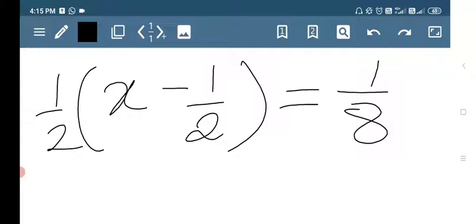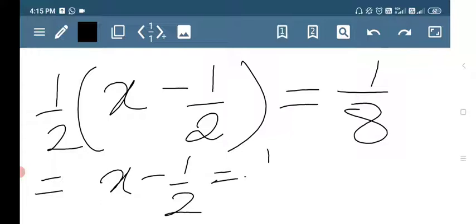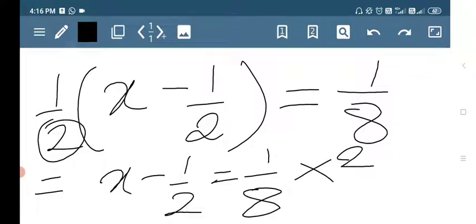Now dear students, 1 by 2 can be sent to the RHS, so x minus 1 by 2 is equal to, from the denominator if it goes to the RHS, it becomes numerator, because it is in multiplication, it interchanges, right? So 2 1s are 2, 4 1s are 4.